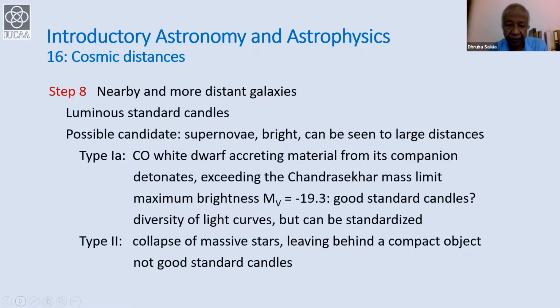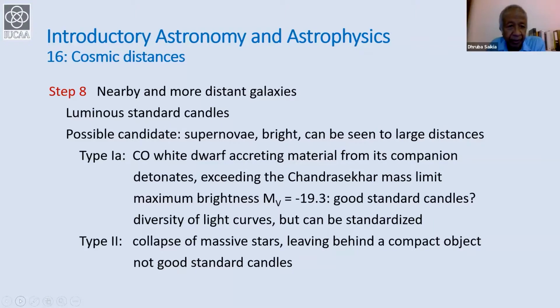Now we'll go for another standard candle, and this would be the last aspect which I will mention in terms of distance measurements. Now, if we had a very luminous standard candle, after all, we saw that even for 20 megaparsecs, you are pushing it with the Hubble Space Telescope. So can we have a more luminous standard candle than what has been possible so far?